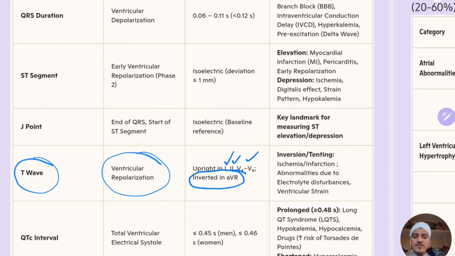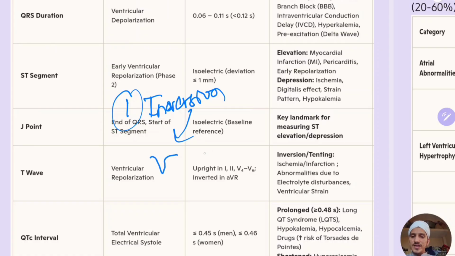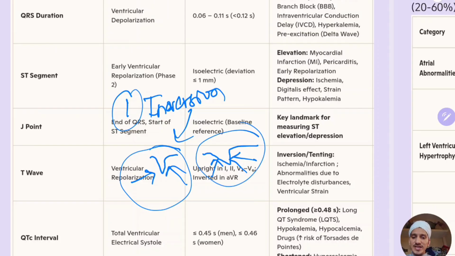Okay. So T wave inversion or tenting. In inversion you will have two things. One is like this, one is like this. In one you will see symmetrical T wave inversion, and in the other the two limbs of the T wave are asymmetrical. This is benign actually, and this is not benign.